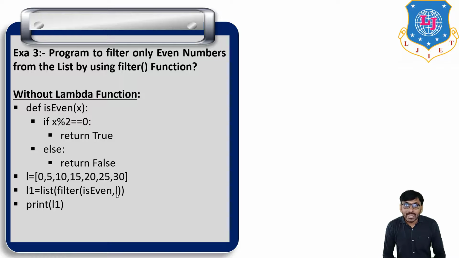So we apply the function on the list and check for every element of the list whether it is even or not. For every element of the list this function is applied, and then print L1. So we get the output: 0, which is an even number, 10, then 20, and then 30.